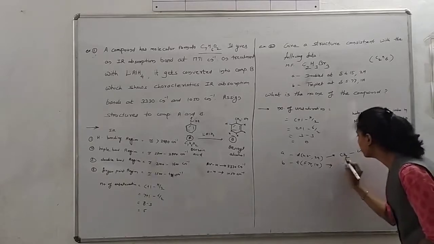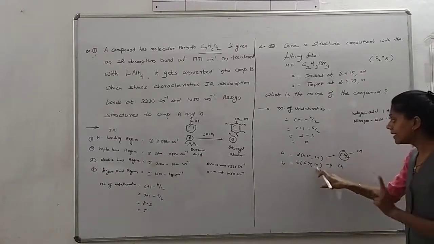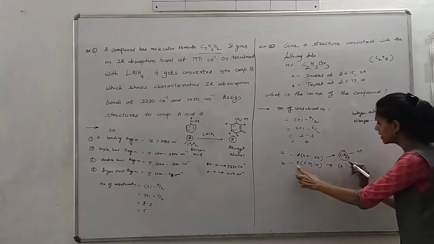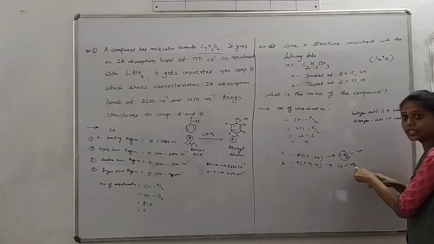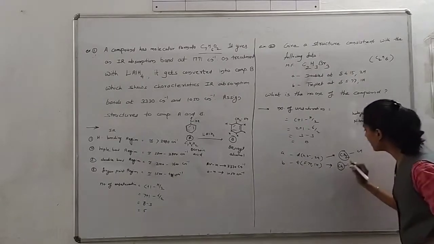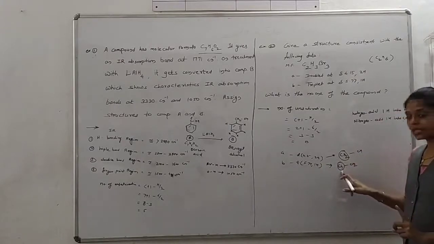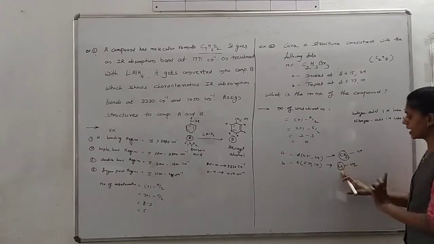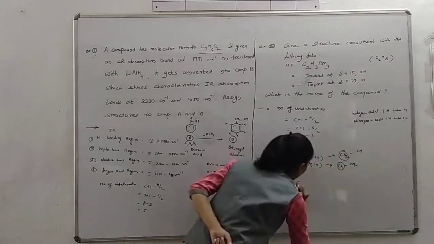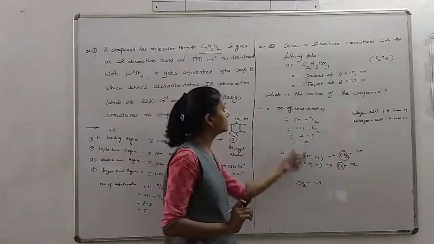Which compound is present? CH for the 1 proton, and since there is a triplet, its neighboring group must be the CH2 group. In our molecule, CH2 and CH are present, and the CH2 group is attached to CH. That means this type of structure must be present.